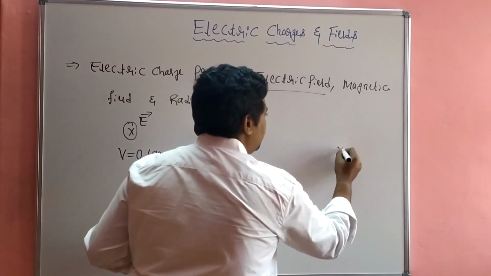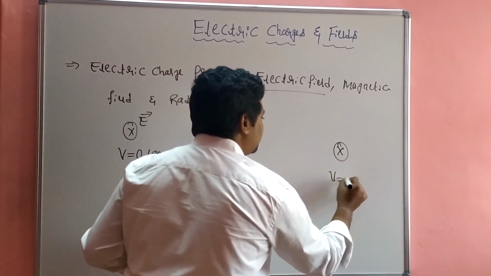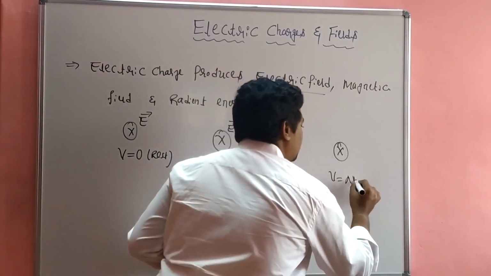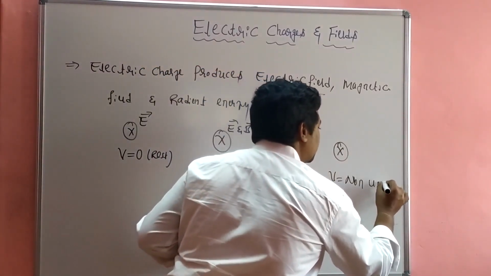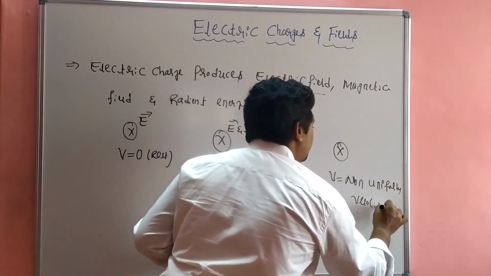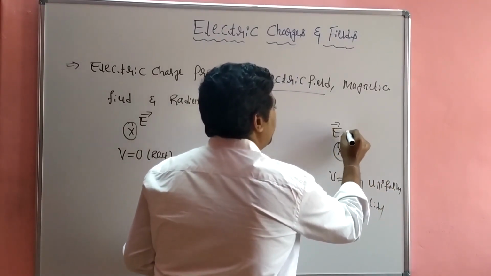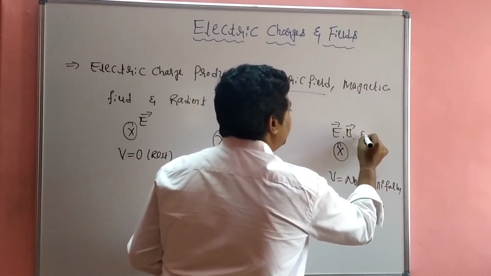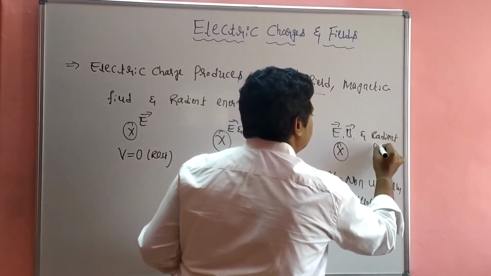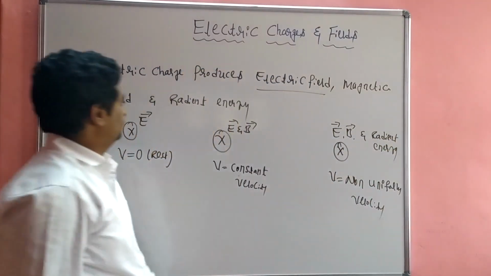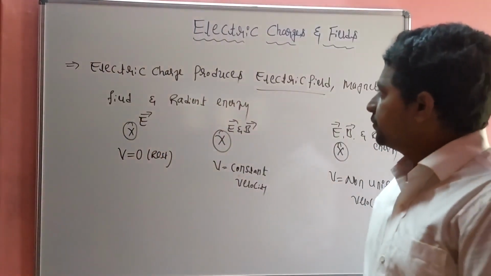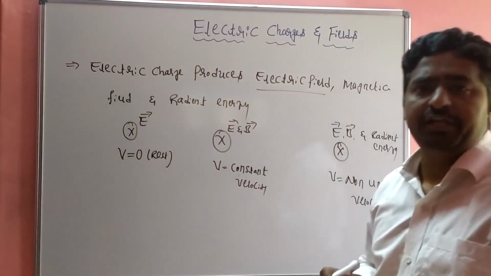So the same electric charge moving with non-uniform velocity produces electric field, magnetic field and radiates the energy.